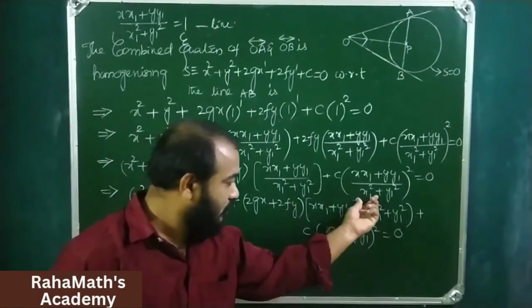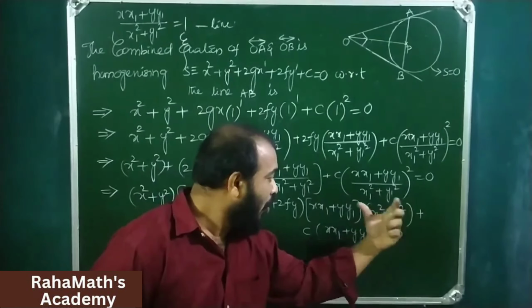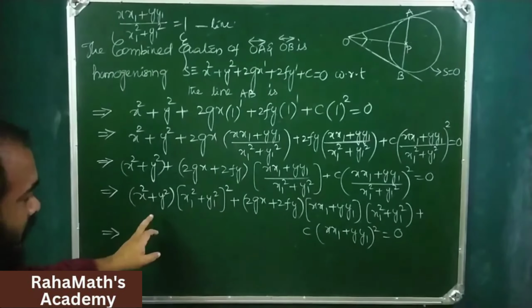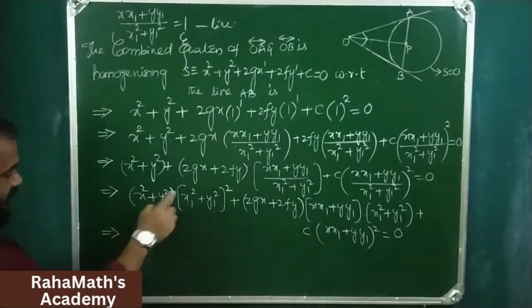I have taken x1 square plus y1 square whole square as an LCM. Then x square.